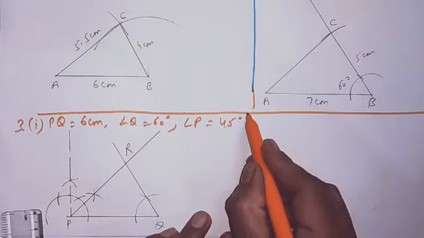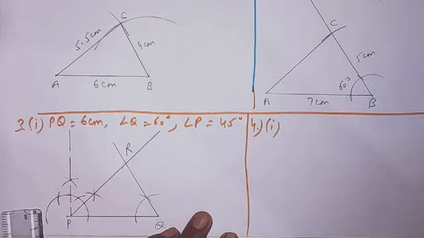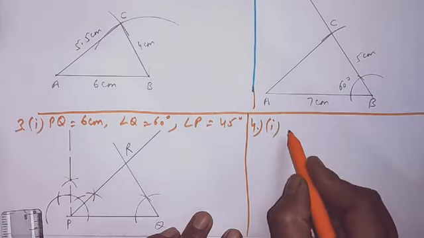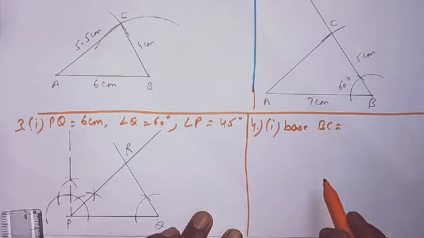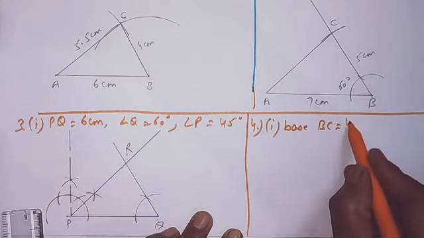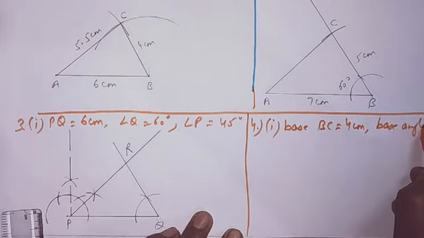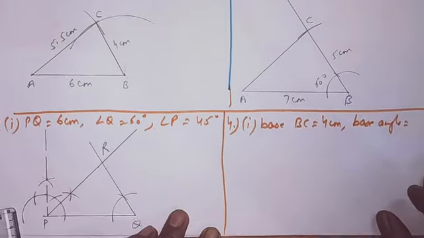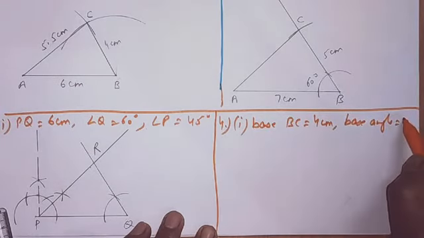Now next, fourth question, first part. Isosceles triangle we have to draw. Base is given BC 4 centimeter and base angle is of 30 degree.